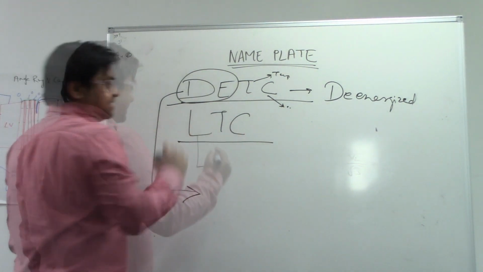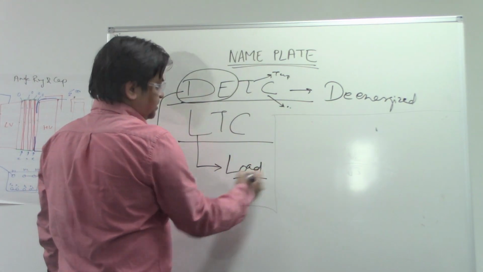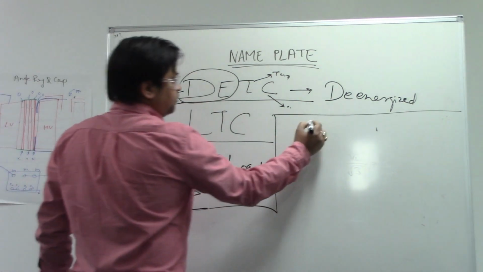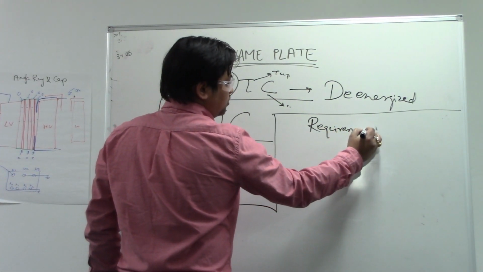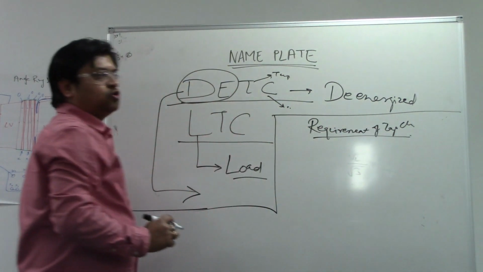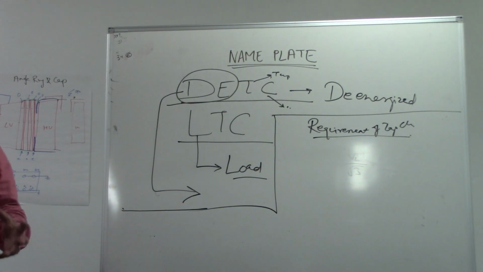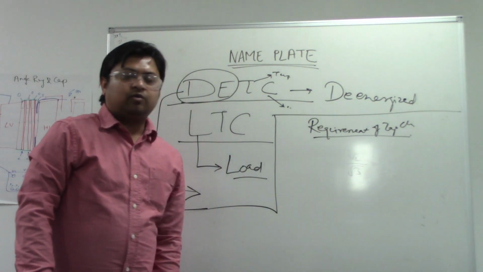What is LTC? Okay. So L stands for load tap changer. First of all, the requirement of tap change. So why do we have a tap changer? First of all, that is important. So what happens?